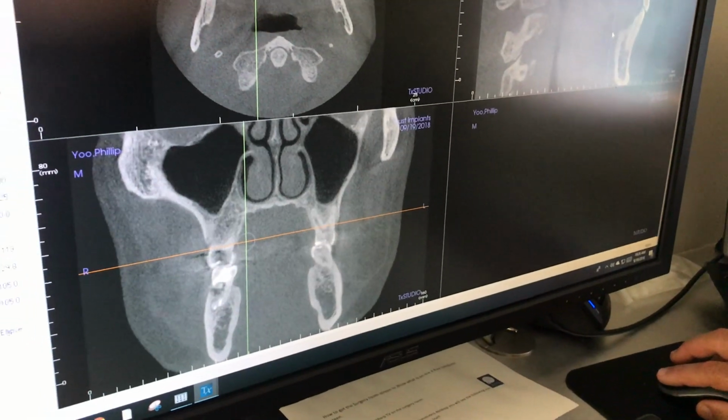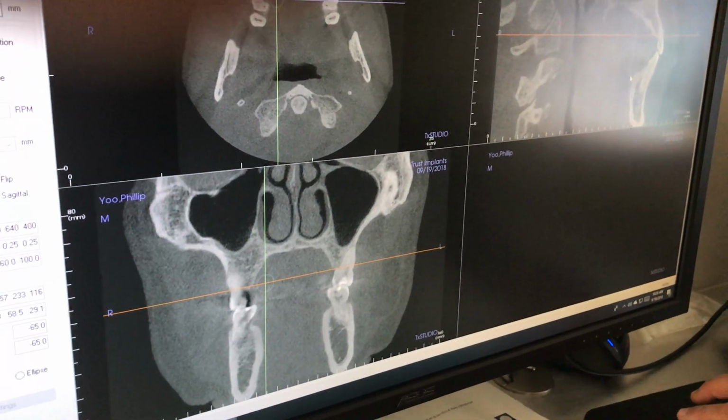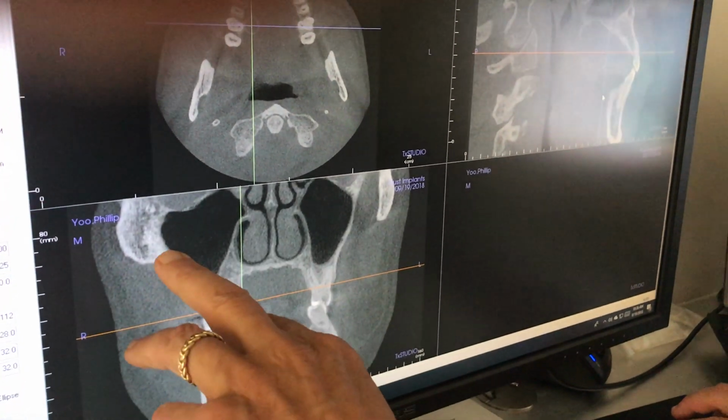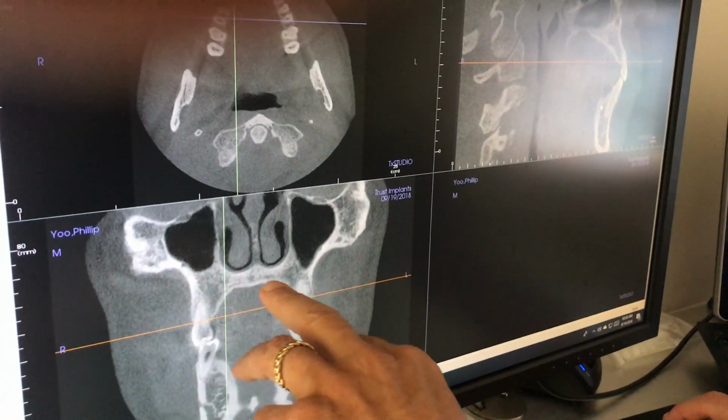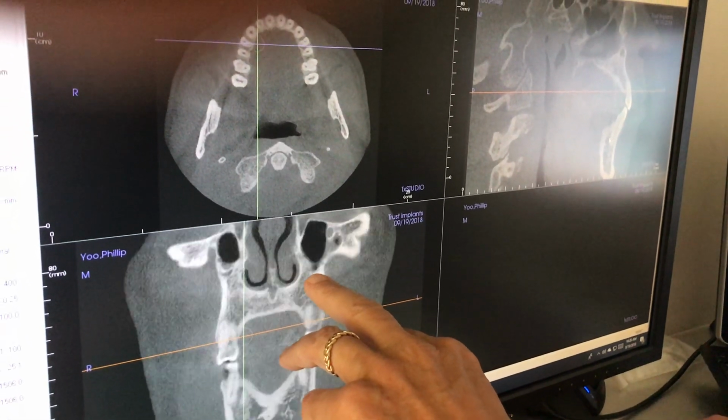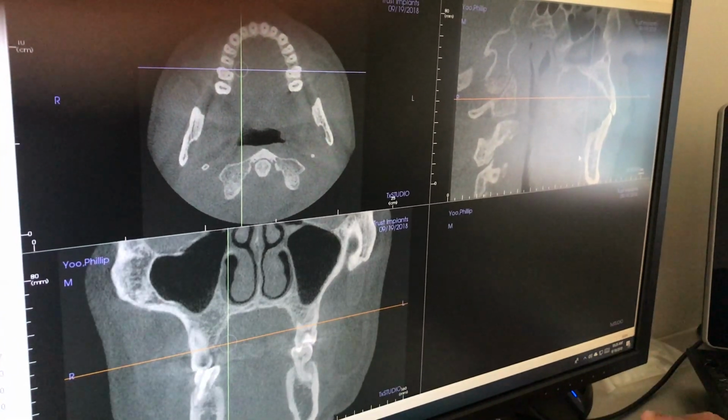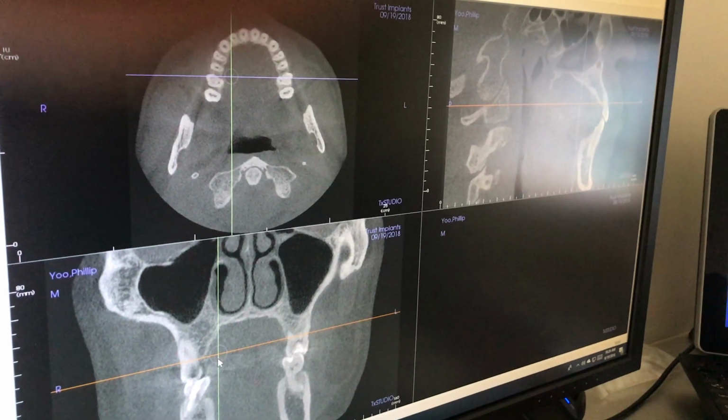All right, and then as we go through the sinus, you can see that your sinus floor is clear as a bell, so you have very clear sinuses, unusually clear compared to what we see.